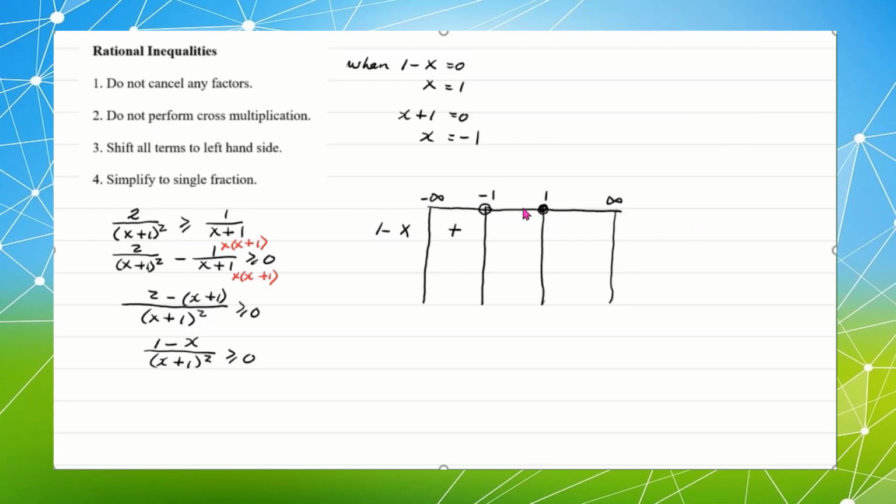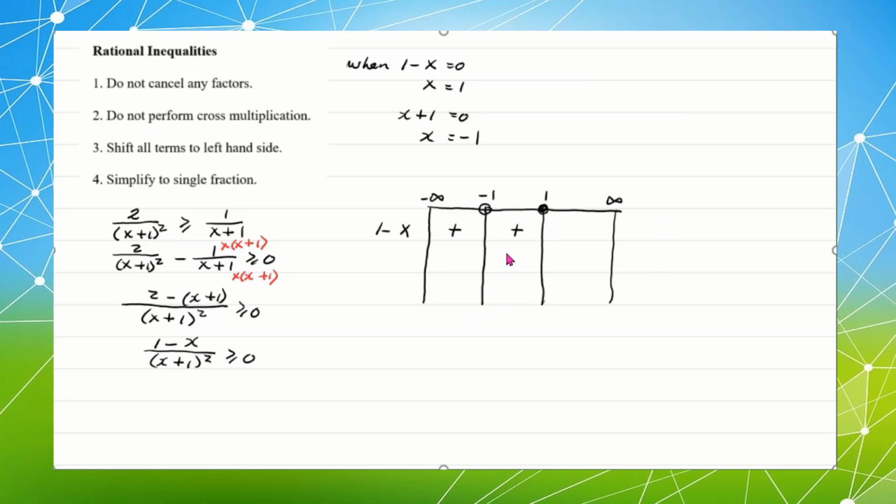Now we repeat the same process in the interval where x is between -1 and +1. Let's choose x equals 0. When x equals 0, 1 minus x is equal to +1, so it is a positive value, and we put a positive sign here.